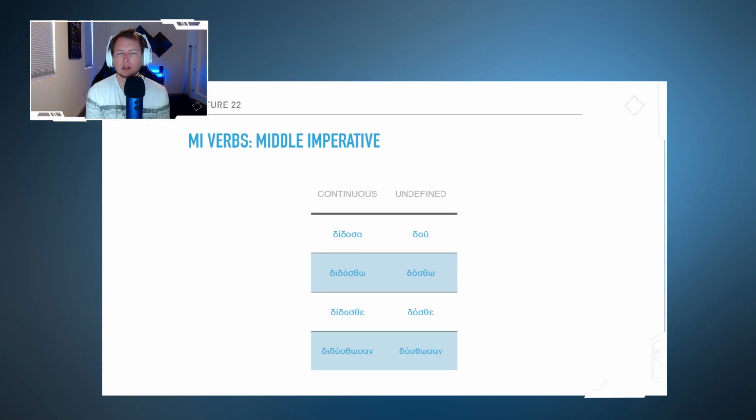Here's the middle. And this one, remember, uses the secondary endings. Didoso, didosto, didoste, didostosan. Do, dosto, doste, dostosan. I don't know why this one has sigma theta. I think this is just unique to the imperative, if I remember correctly. So that's the middle imperative.